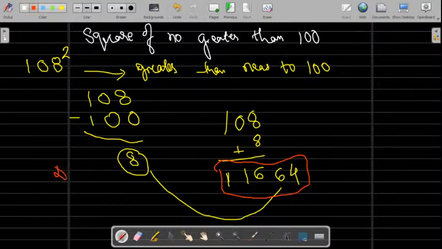This is the difference, 8. Then you have to add this difference to that number, 108 plus 8, how much? 116. And 8 square is 64. So 11664. Alright.